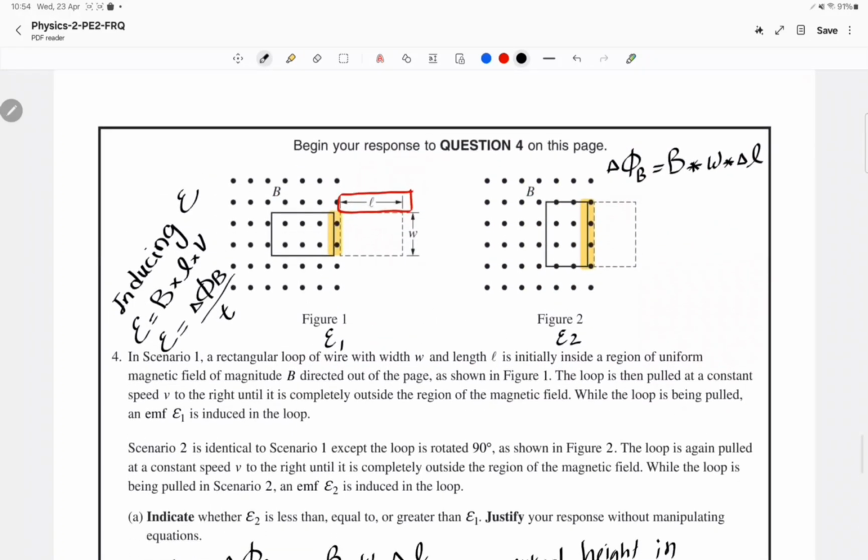Okay, so I guess we can now state a pattern that if the velocity is pointing in the x-axis direction, the dimension that is also pointing in the x-axis direction will be used to find it. So essentially, velocity is equal to change in the length. Why? Because the length is parallel to it, over the change in time. We had a similar question in the MCQ. We did the same thing.